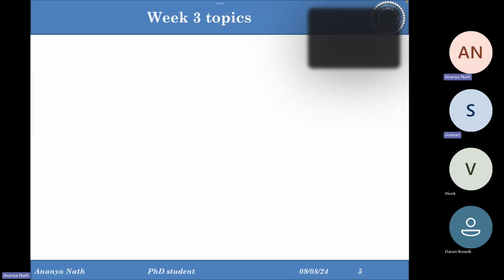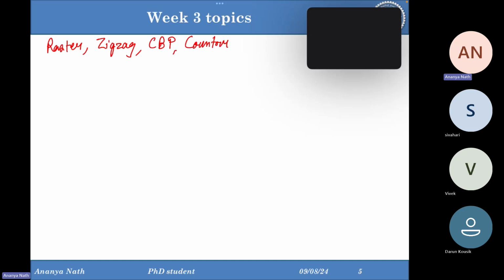Okay, now there is one thing very important in all these types of raster or zigzag, or there is the chessboard pattern also, I said. Then there is contour path, contour parallel, then spiral, then space filling.